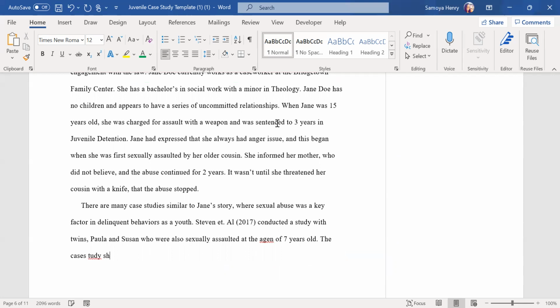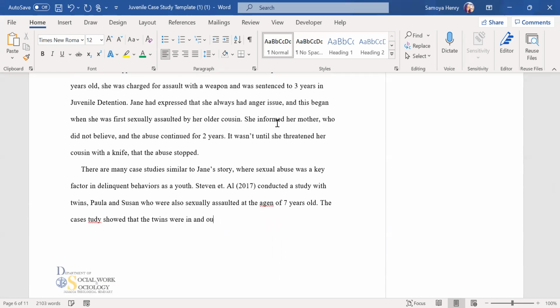The case study showed that the twins were in and out of juvenile detention and were both suspended 4 times for fighting in school.